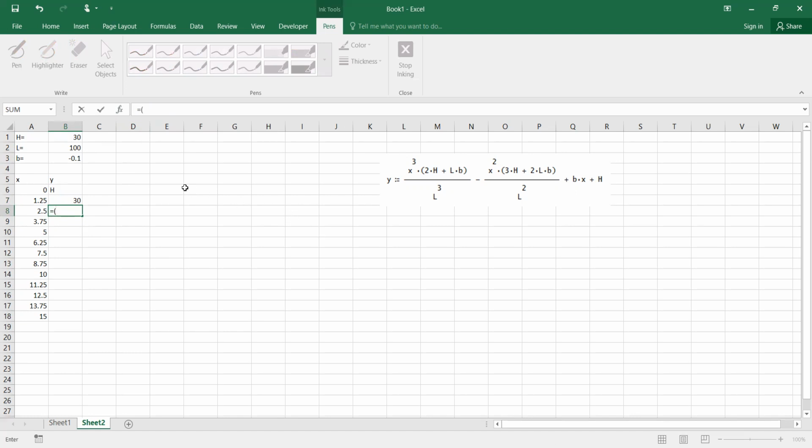Okay, let's start with H. So this is H plus b times x, minus b times H plus 2 times L times b, divided by L to the power 2.